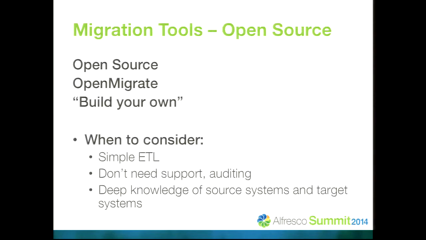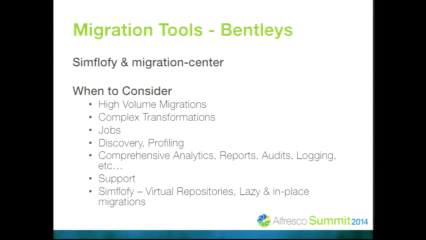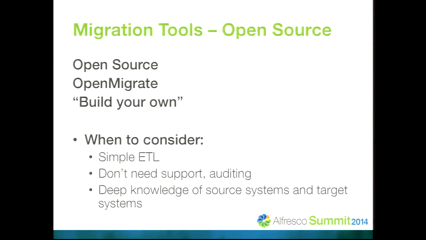Okay. So these are the Bentleys of the system, right? Migration tools, open source. You have the open source options. You've got Open Migrate, a great tool. Like I said, we've done a migration moving 25 million records out of a legacy system, or you build your own. When you want to consider an open source option, one scenario is a simple extract, transform, load.